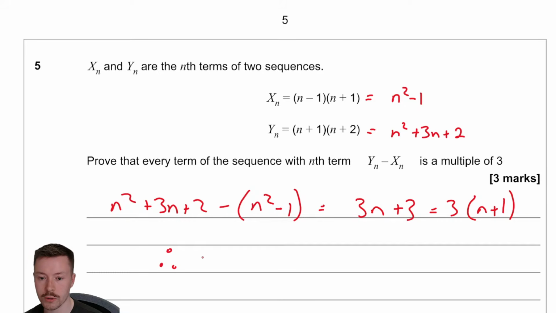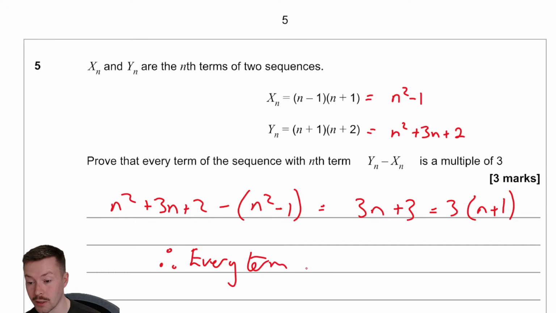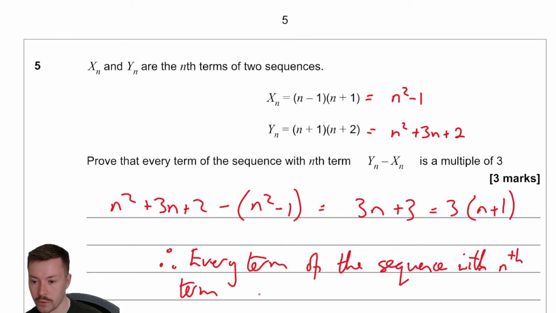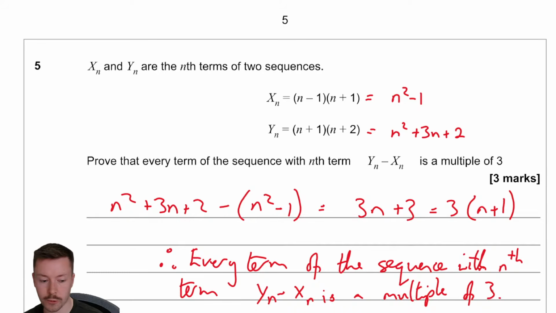Therefore, every term, and just copy and paste the question basically, of the sequence with nth term Yn minus Xn is a multiple of 3. Okay?